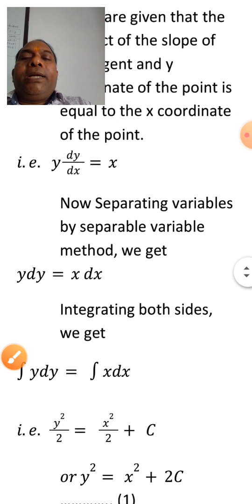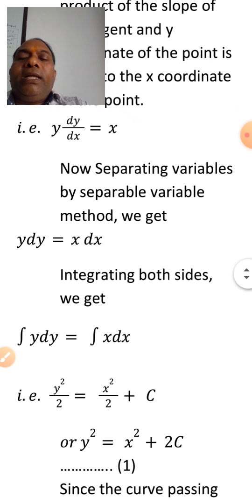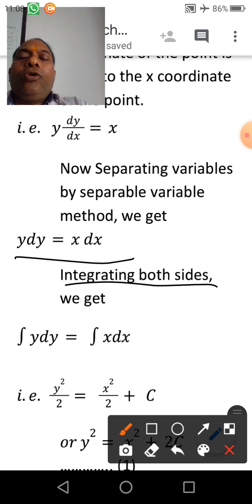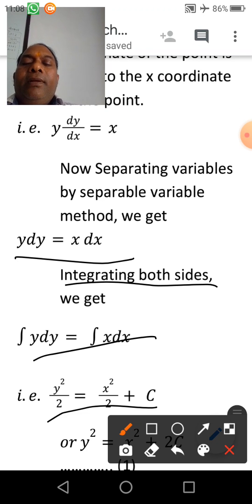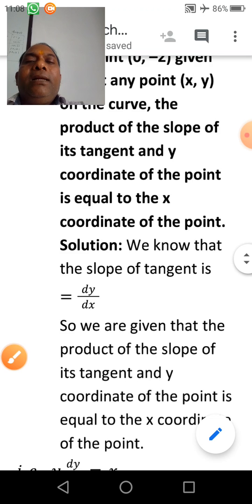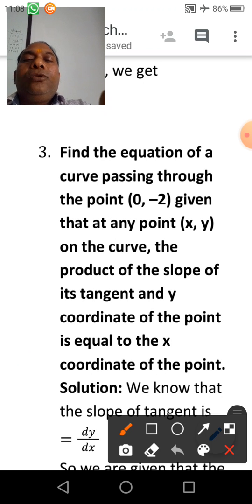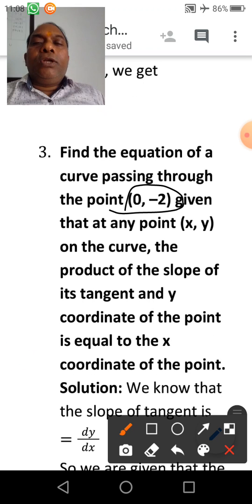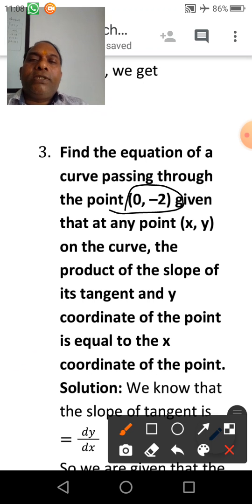By the separable variable method, y with dy and x with dx, so y dy is equal to x dx. Now integrating on both sides, we get y square by 2 is equal to x square by 2 plus c. Now with the help of the given condition, find the value of c. The curve is passing through the point (0, -2), which means x is equal to 0, then y is equal to -2.